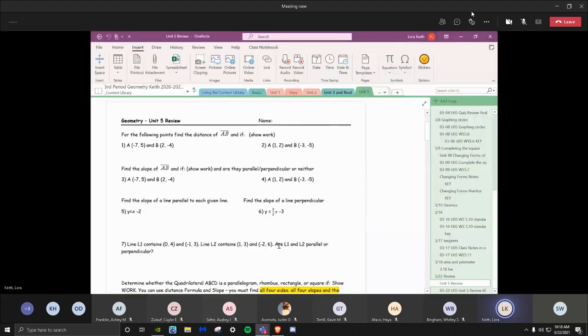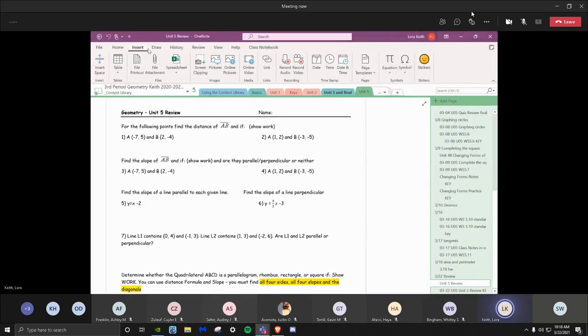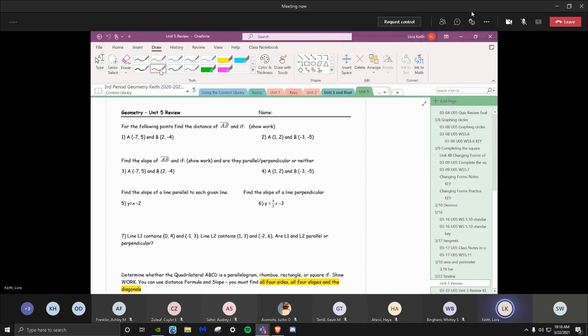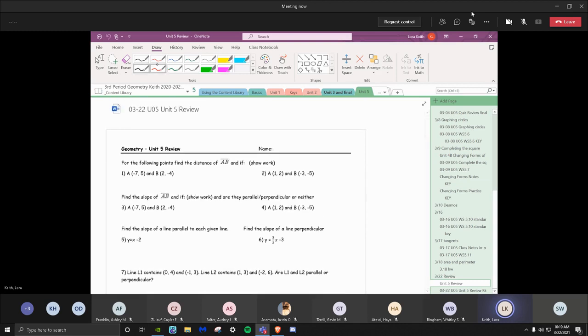Okay, so a lot of these problems you're going to be using the distance formula. So you have to know how to use the distance formula and the slope formula. So if it just asks for the distance from A to B, we're going to be using that distance formula. So it's x2 minus x1 squared plus y2 minus y1 squared.